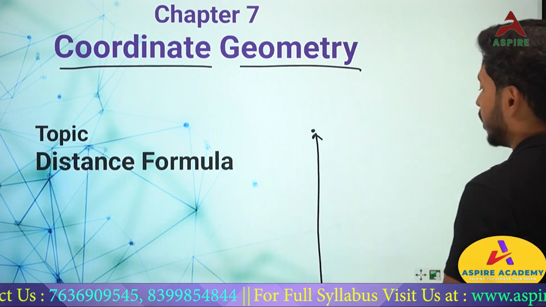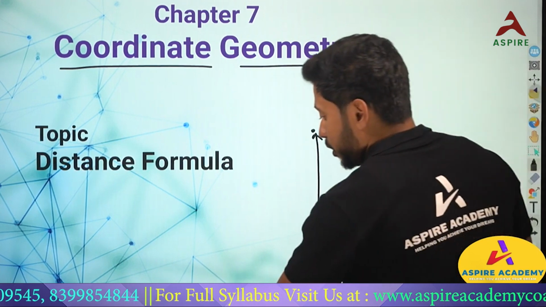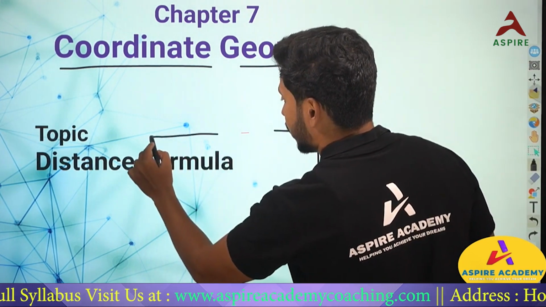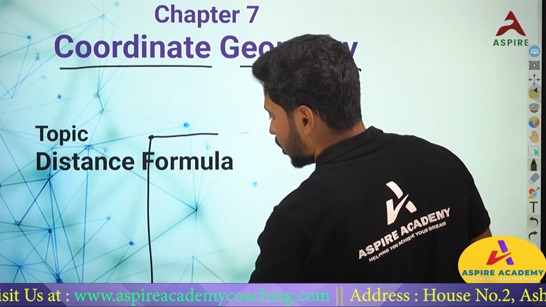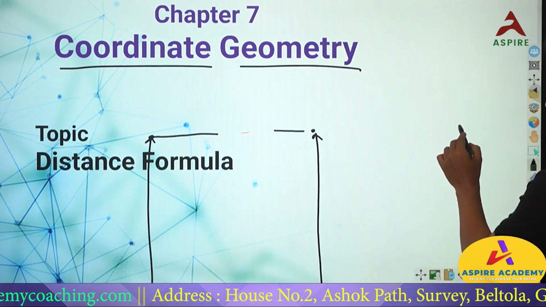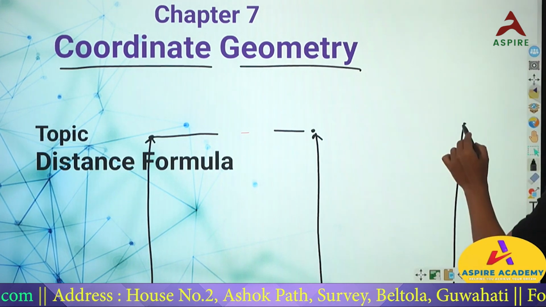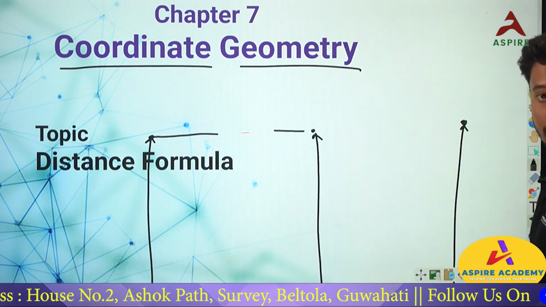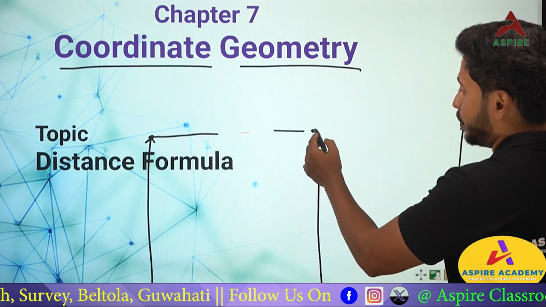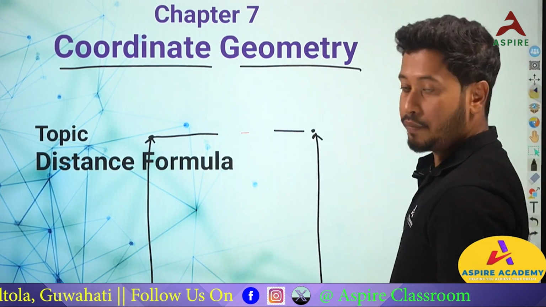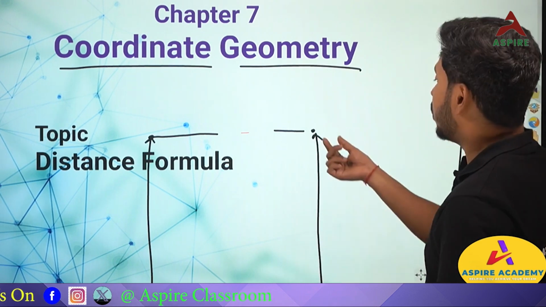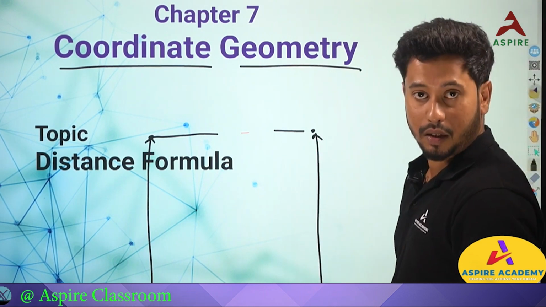But the thing is, if we take a point at the same height, this point is also at 10 centimeter height, and this point is also at 10 centimeter height. So by saying that this point is at 10 centimeter height from the ground, you can't locate the exact location of that point.